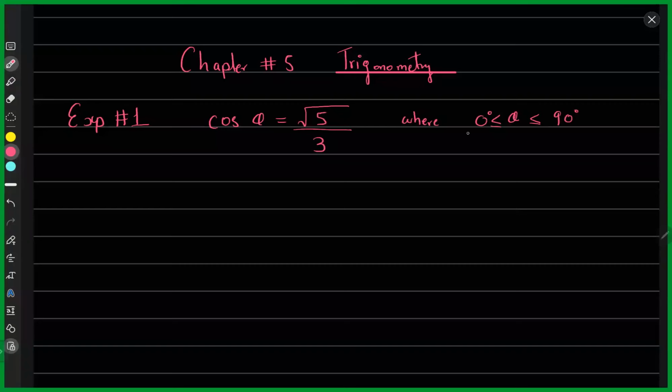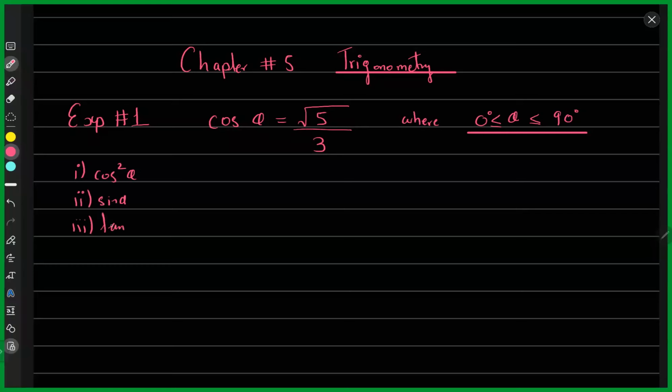So this is basically to indicate that they are talking about a right angle triangle. The question says find the exact values of cos theta square, then sine theta, and then tan theta.